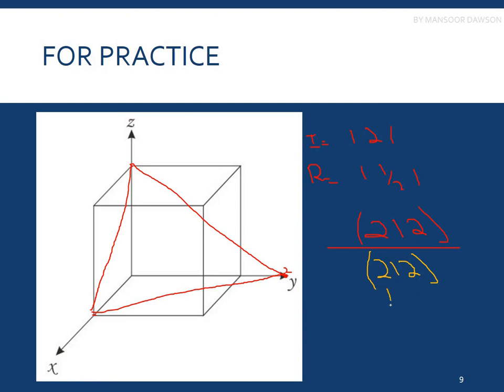So the reciprocal is 1 by 2, for this it will be 1, and for this it will be 1 by 2 again. Okay, so let's plot it. For x this is 1 by 2, for z this is 1 by 2, and for y it is 1.